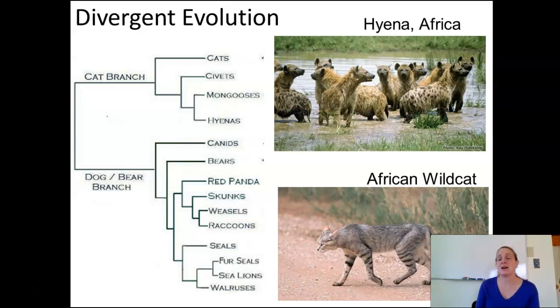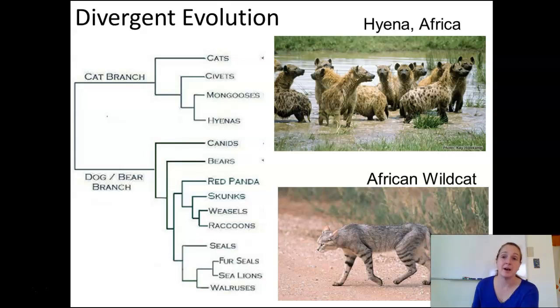But they're actually more closely related to cats. And they're more closely related to the African wildcat, which is closely related to our domesticated cat. But look at that morphology. It would be hard to say that a hyena looks like that African wildcat, that they are closely related. Yet when we get a hold of the DNA, what we see is that there are a tremendous amount of similarities.